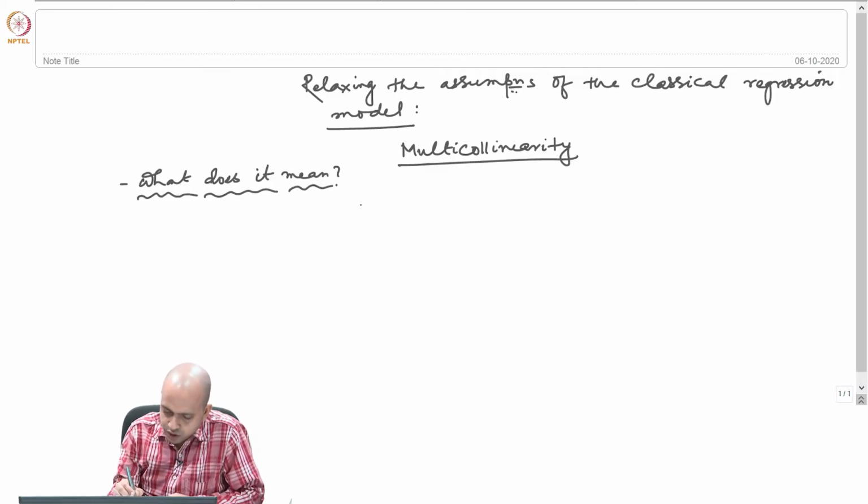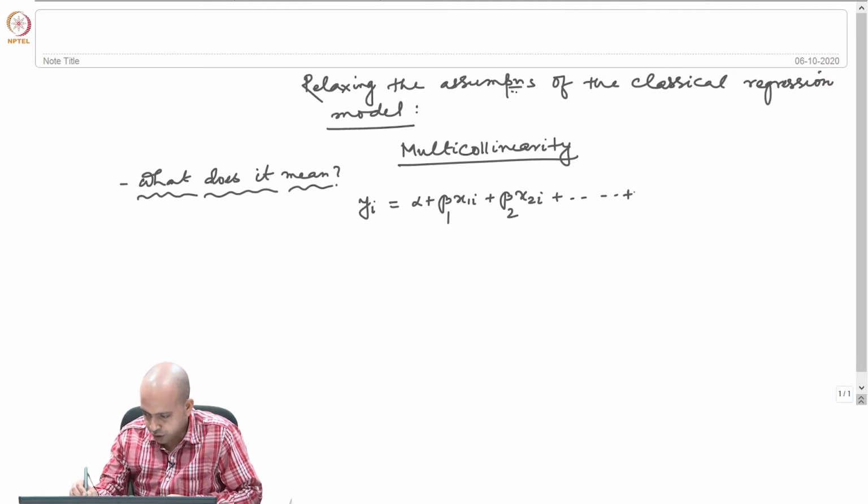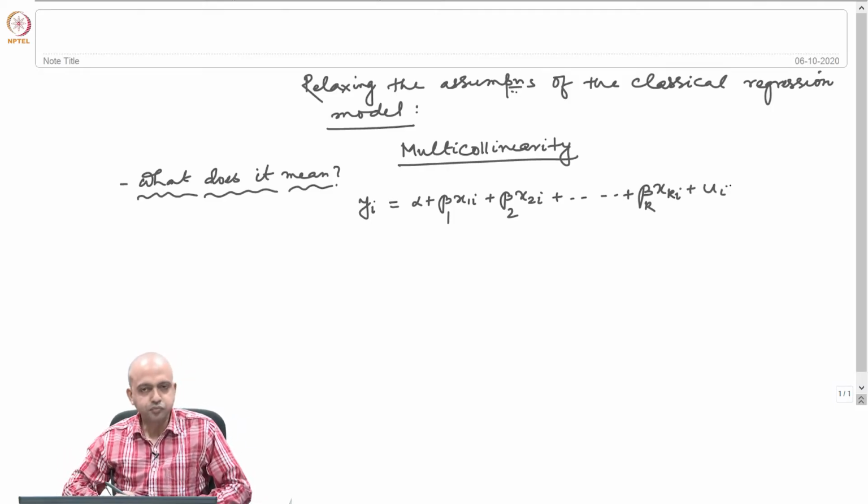Let us assume that we are trying to estimate this model: y_i equals alpha plus beta_1 x_1i plus beta_2 x_2i plus up to beta_k x_ki plus u_i. You have k number of explanatory variables.